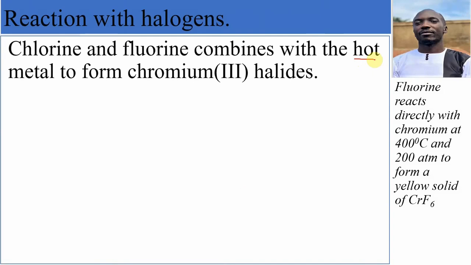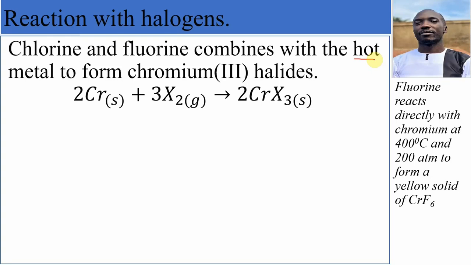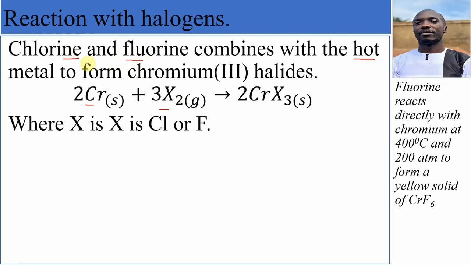If you had used fluorine, it would be chromium 3 fluoride. This is the general equation, whereby X stands for the halogens. In this case, we are dealing with chlorine and fluorine. So we are saying that X is either chlorine or fluorine.